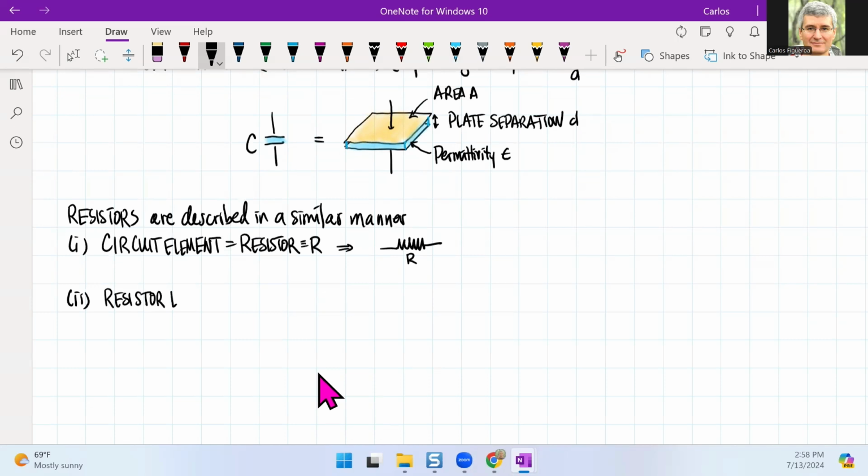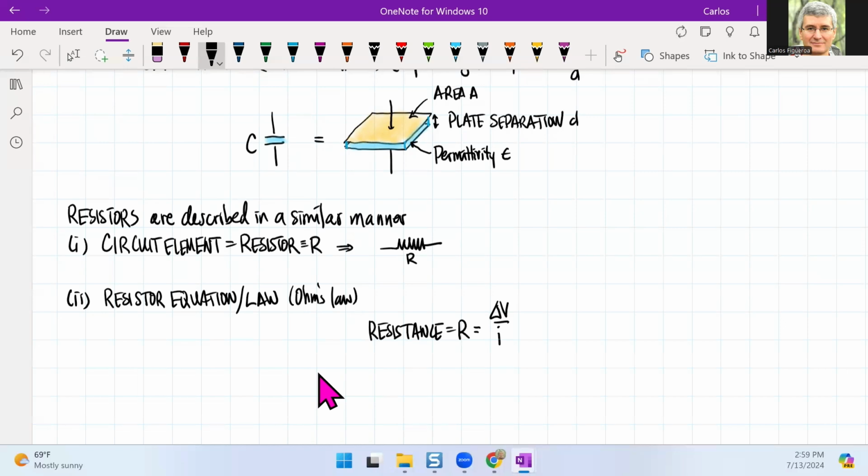Then we have our equation, our law, and we would say that this is the resistor equation. But in this case, they call it a law. What do we mean by the law? We mean Ohm's law. And so when I look at this, we then say that the resistance plays the exact same role as the capacitor equation, where the ratio of voltage to current gives me that material dependent constant.